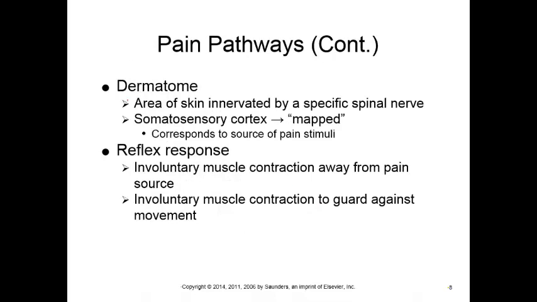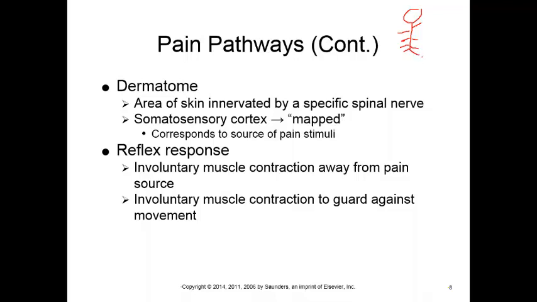Everybody hurts, but their tolerance is a little bit different. Also dealing with pain pathways, one way we can figure out where there's damage in the spinal cord is through the use of dermatomes. Dermatomes are just areas of your skin that are innervated by a specific spinal nerve. Basically, if we have a little person, we have nerves coming off their backbone, and each nerve has different receptors.